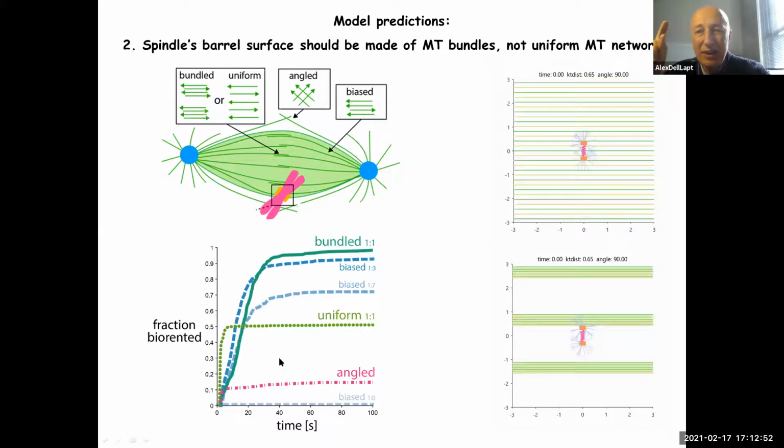And this time, 40 seconds, comes from a very simple thing, that each motor attaches and detaches on the scale of a second, and altogether, you need a few tens of these processes of attachment and detachment to get the problem solved. Okay? If you try to do it on the uniform microtubule surface, only 50% of chromosomes get bioriented, lots of errors, and on the angled network, very, very few get oriented.